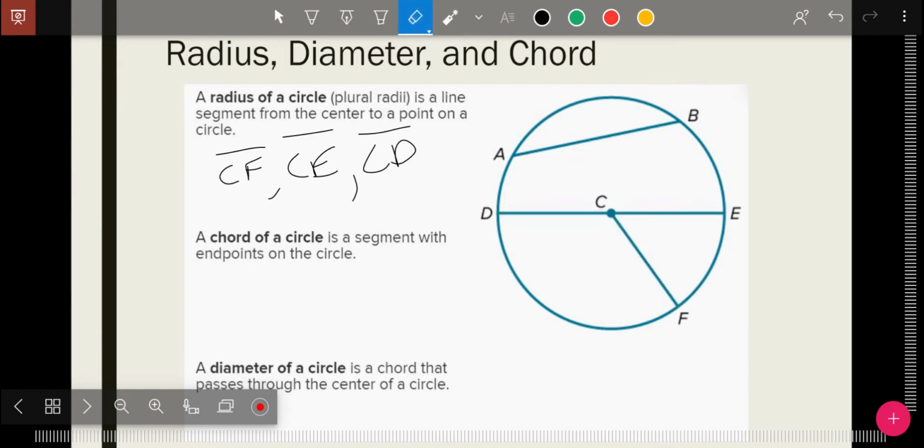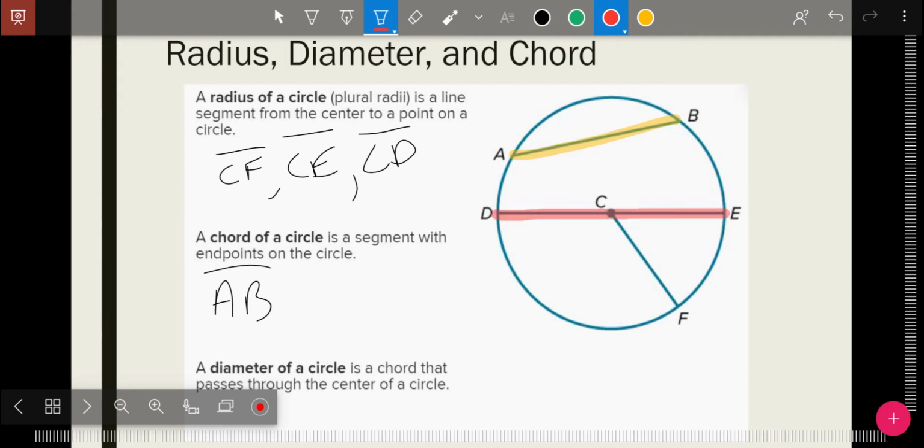Diameter. Diameter is, well, I guess chord. Let's go chord first. Chord is a segment that begins and ends on a circle. And so the first one to me is this one right here. It starts at point A, or ends at point B. That's a chord. It begins and ends on a circle. However, this one right here is also a chord.